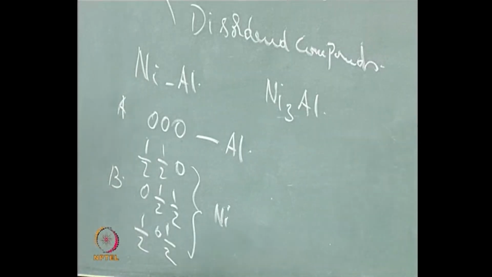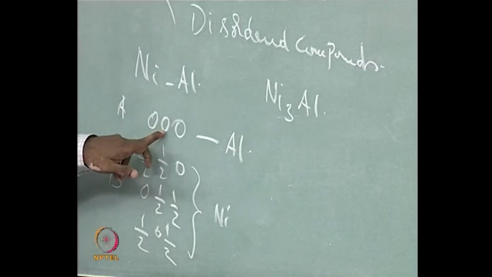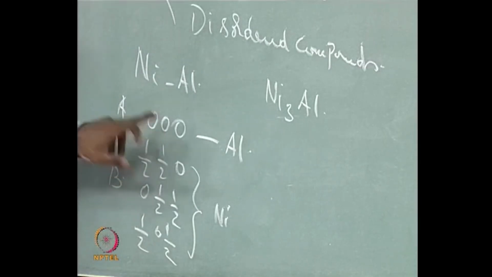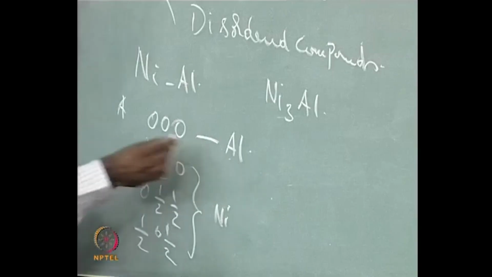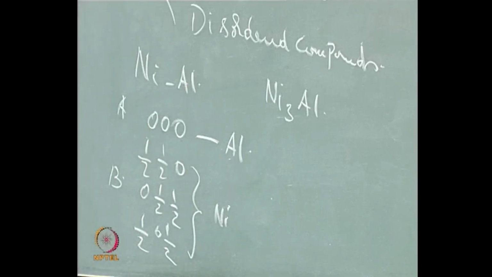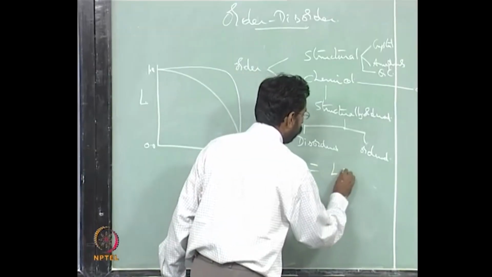If some of the nickel atoms are also occupying the A site, then it is not completely ordered, it is partially ordered. And when the probability of finding aluminum at the A site is 1, then we call it L as 1.